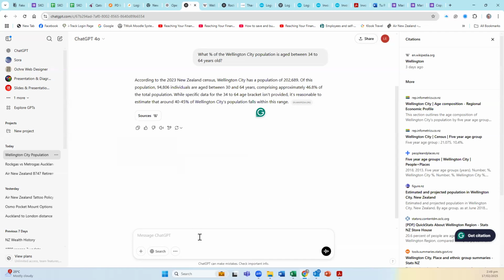Okay, so we're going to say, how many nail salons are there on Willis Street, Wellington, and in surrounding locations within 2 kilometers of Willis Street. So hopefully it might bring it up.